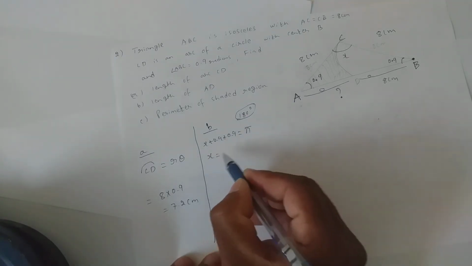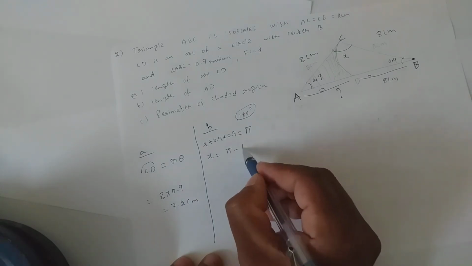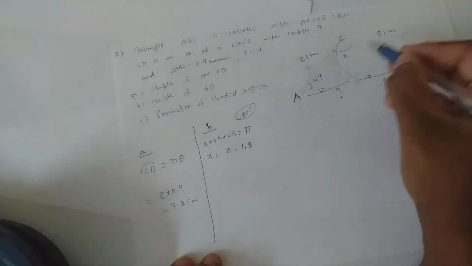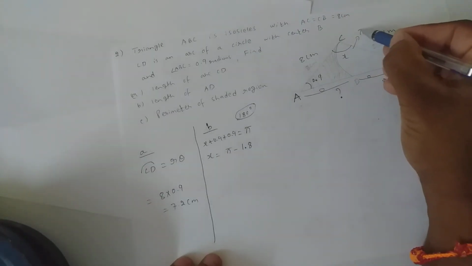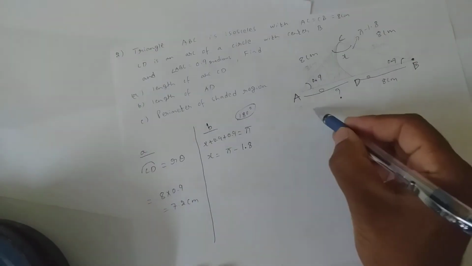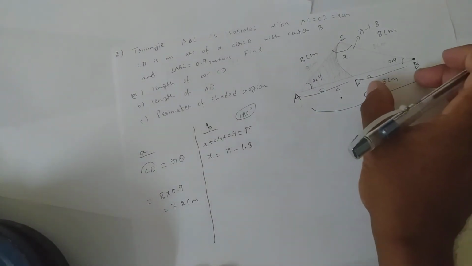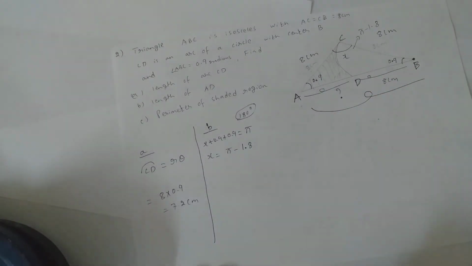So my x will be pi minus 1.8. So this angle is nothing but pi minus 1.8. Clear? Directly I cannot get AD. First I will use sine rule and find the entire AB. From that I remove 8, then I get AD.